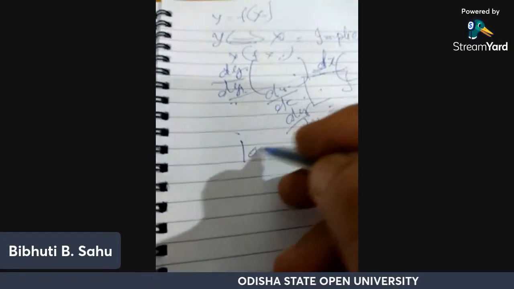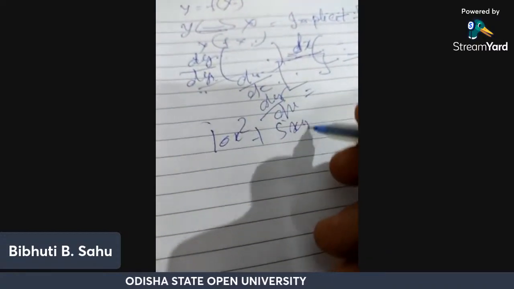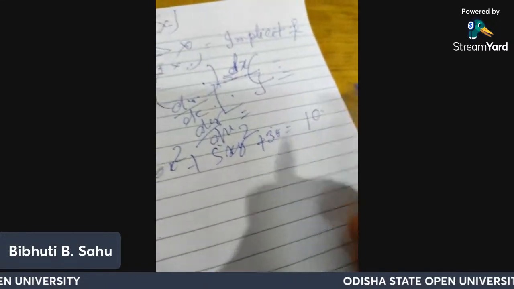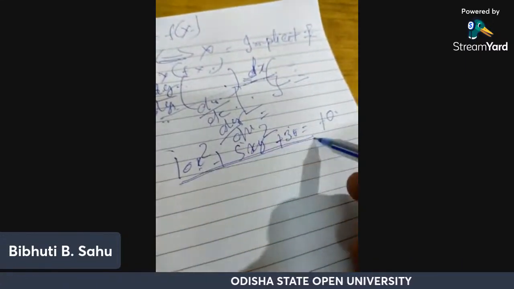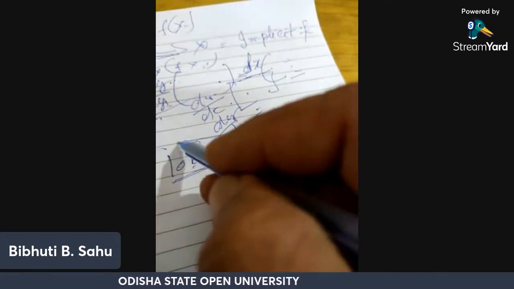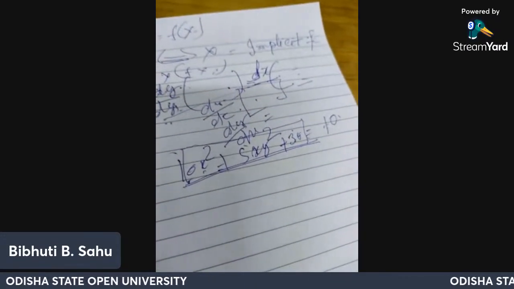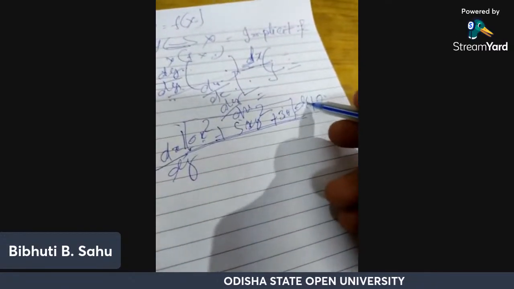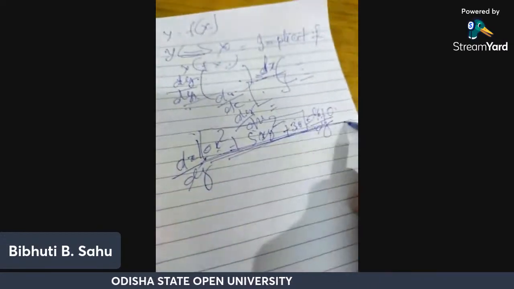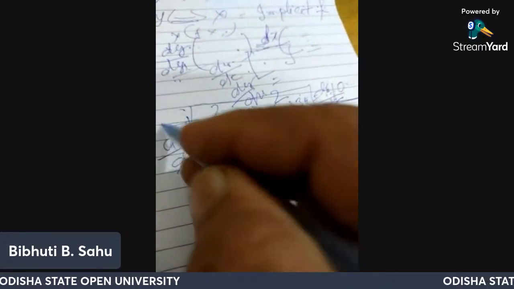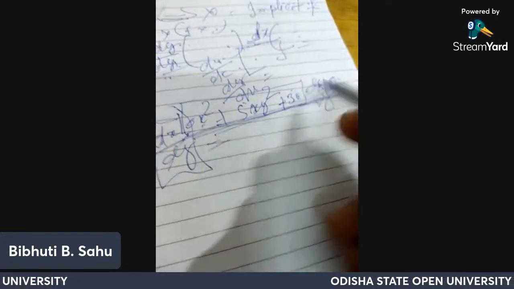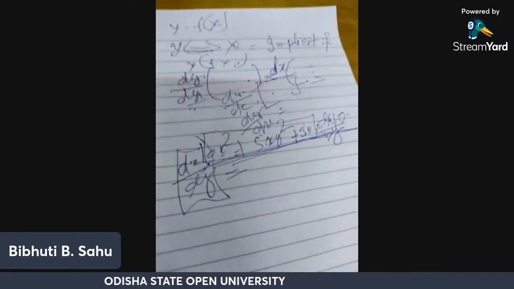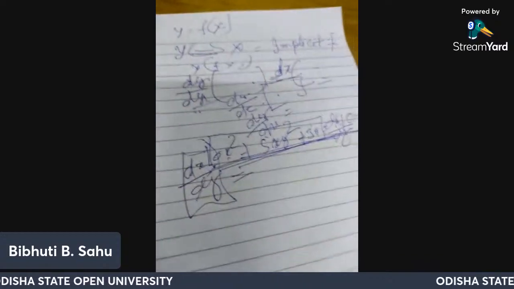So let 10x square plus 5xy square plus 3y is equal to 10. In this case, x and y are presented in one equation. So you take the derivative on both sides, take the common factor of dx and dy, and then you will get a particular value. So this is how you can find the solution for implicit functions.